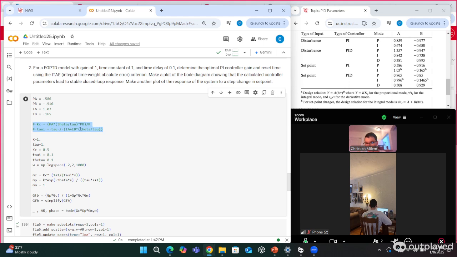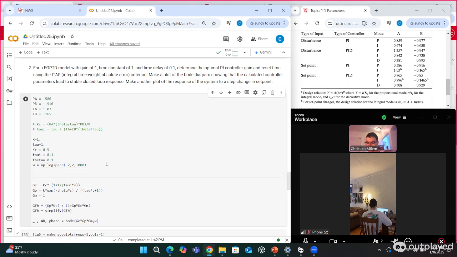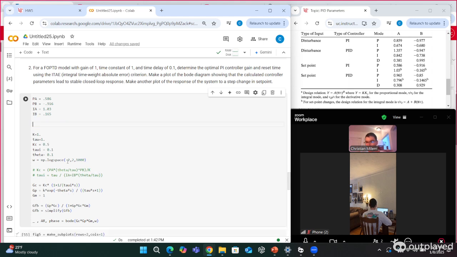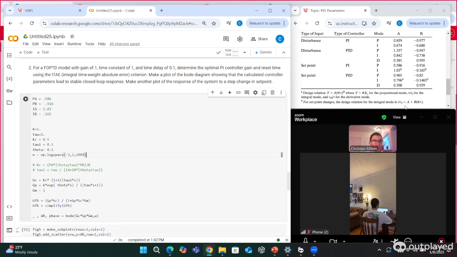So let's bring this. Double check that's correct. Y equals this star.